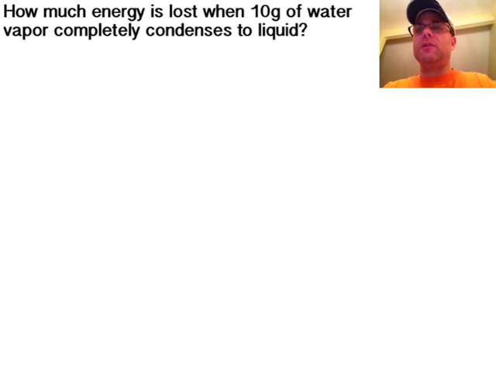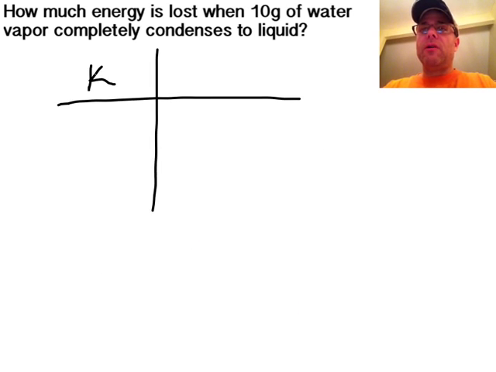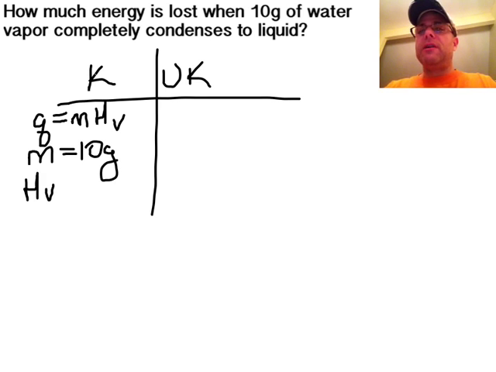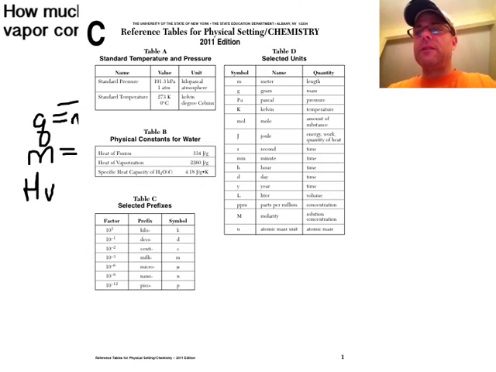Write down our knowns and our unknowns. We do know that we have the formula Q is equal to mHv. We do know that our mass is 10 grams. I'll show you in one moment what Hv is. We're solving for Q. So Hv is again one of those constants.